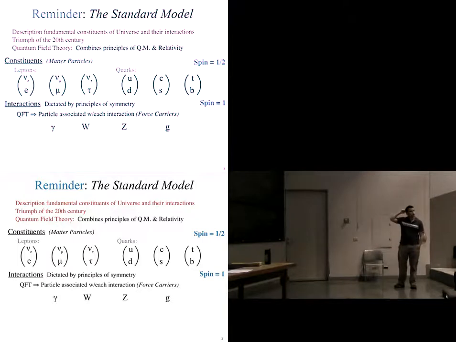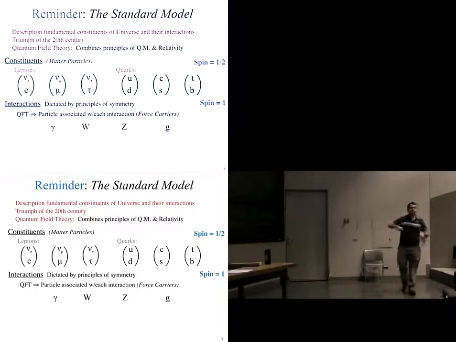So I think 2 weeks ago we talked about the Standard Model, and this is really a description of everything around us. Okay, it's really a triumph of the 20th century. It combines principles of quantum mechanics and relativity that were triumphs of the early part of the 20th century into a more general theory that's called a quantum field theory.